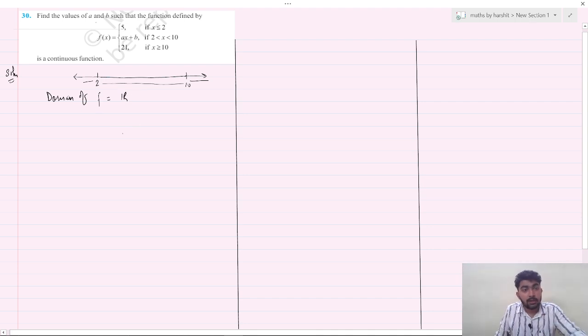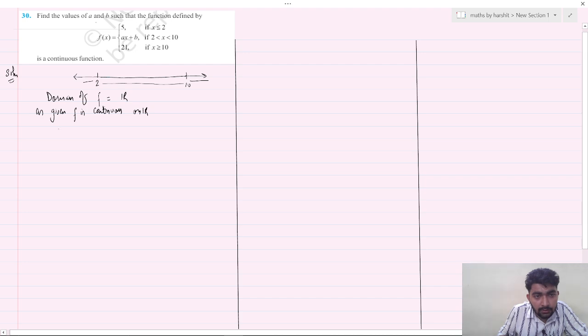Now, as given, f is continuous on R. It implies that f is continuous at 2 and 10 also.